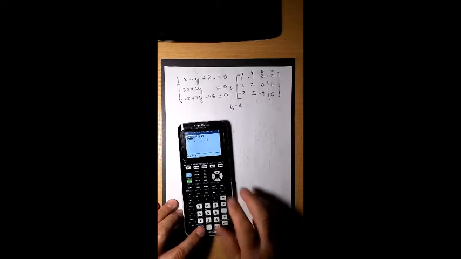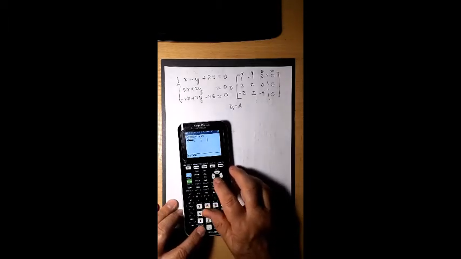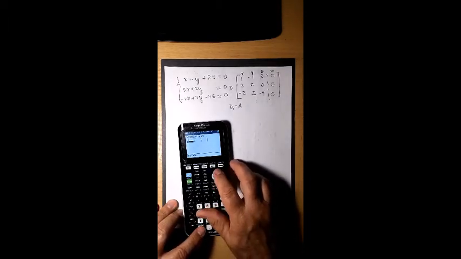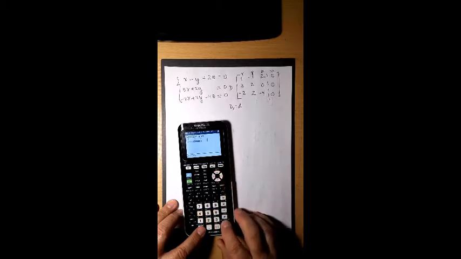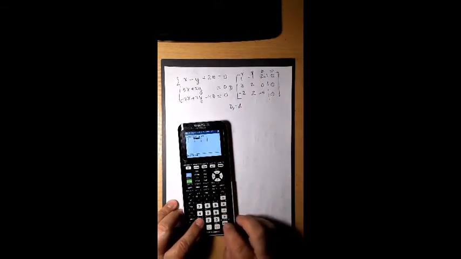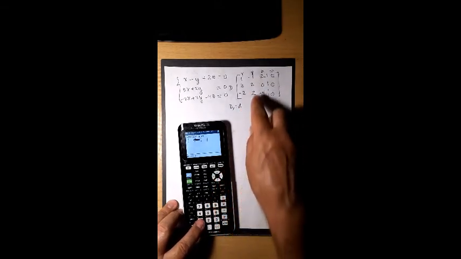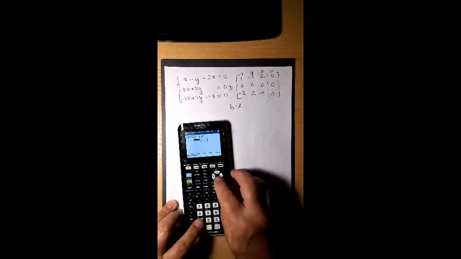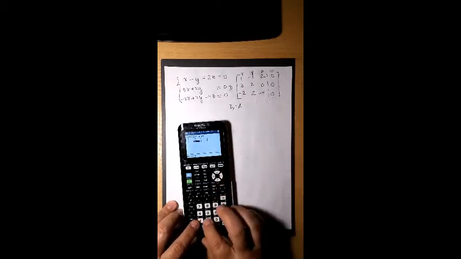So this is going to be, and you can use the arrow keys, 0, 0, 0. You might have to use the enter key to get to the right. But now this is going to be a negative 1, a 2, and a 2.